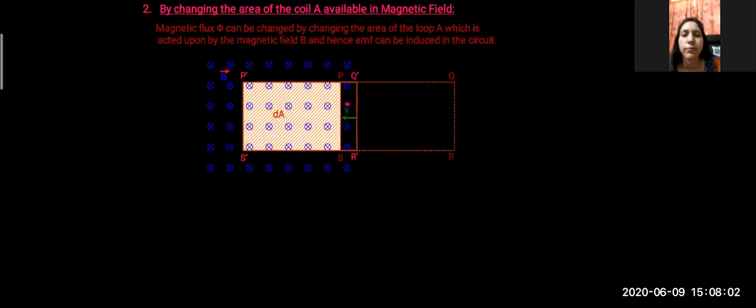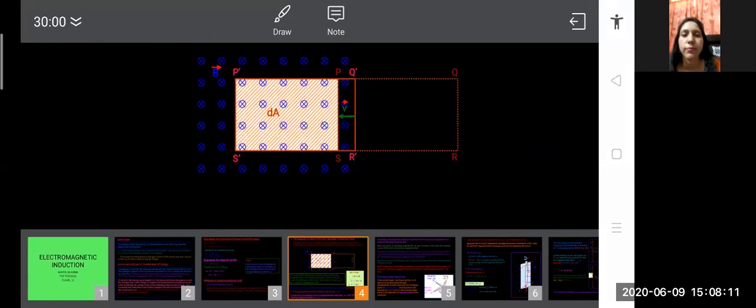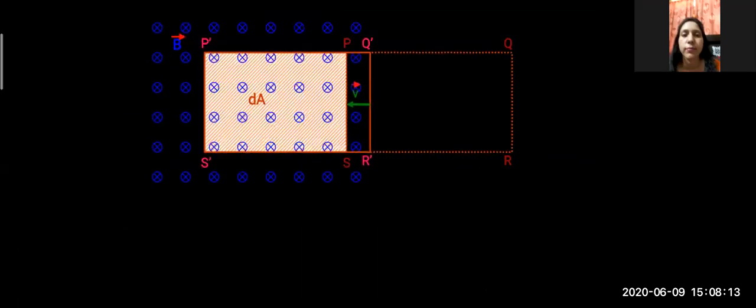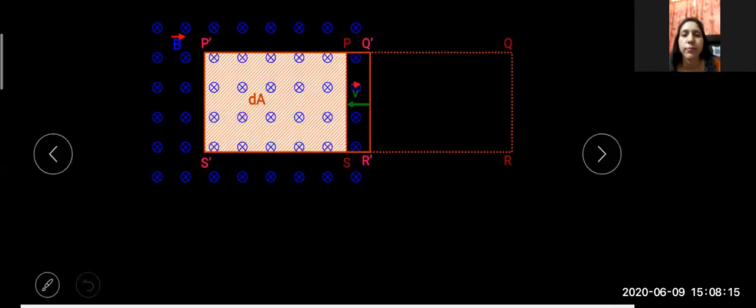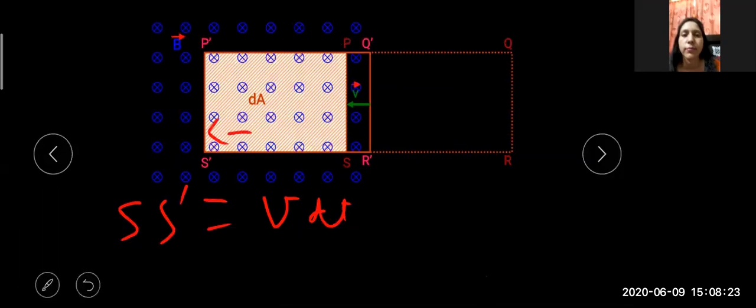So note down this: S dash equal to V into dt. So this distance is V into dt. Clear?